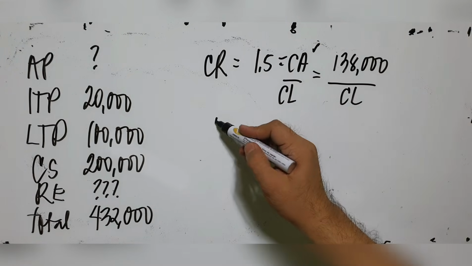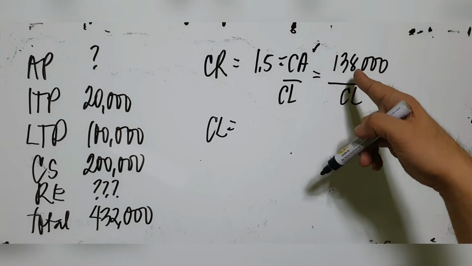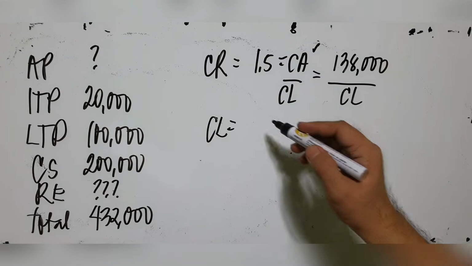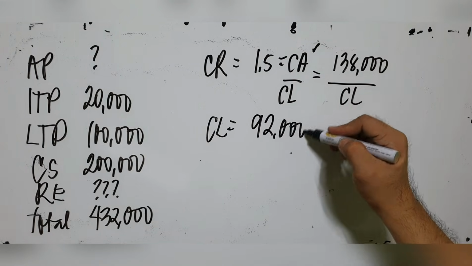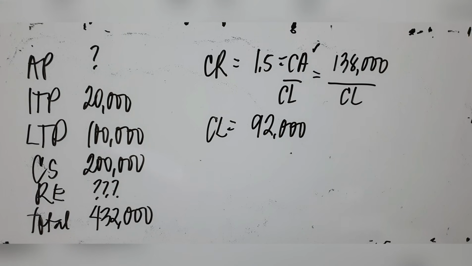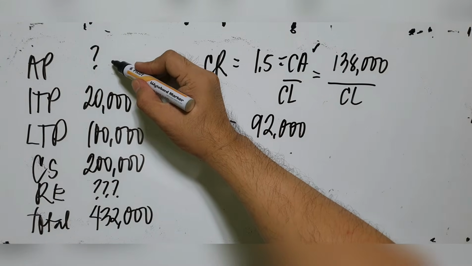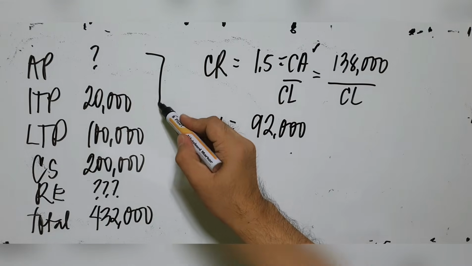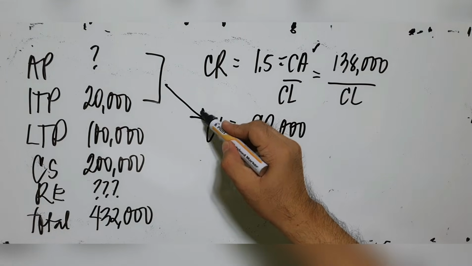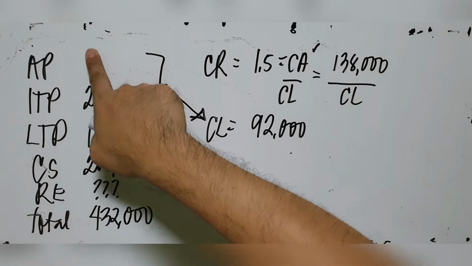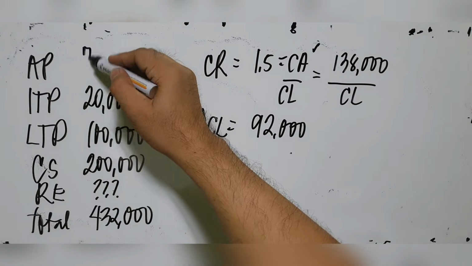Okay? So the current assets ay 138,000 over your current liability. So to get the current liability, so that should be 138 divided by 1.5. So magkano yun? The CL is 92,000. Okay? So kung CL ay 92,000, magkano ang accounts payable natin? Remember, itong dalawa na to yung ating current liabilities. So therefore, the accounts payable here is 72,000.